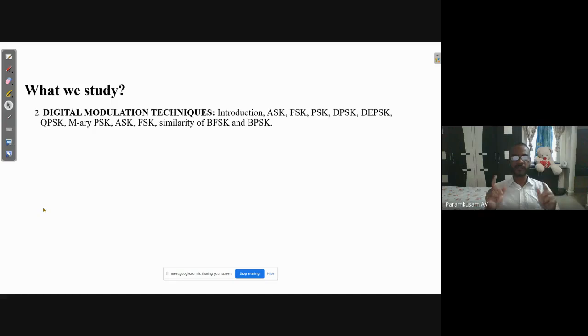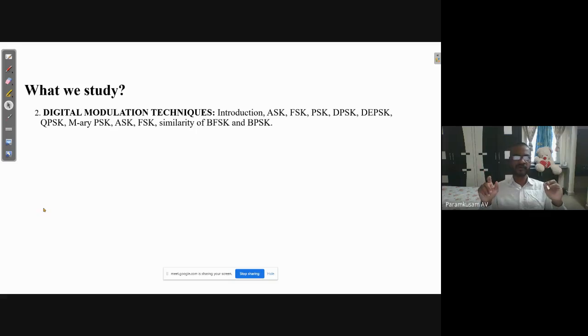So for that purpose, we perform modulation. Then what is modulation? Modulation is a technique such that the spectrum of the message signal is shifted to another spectrum. The low frequency spectrum of the message signal is shifted to the high frequency spectrum.